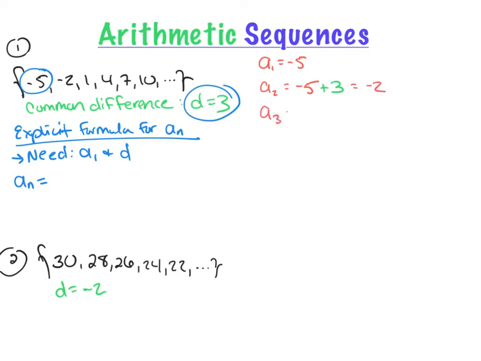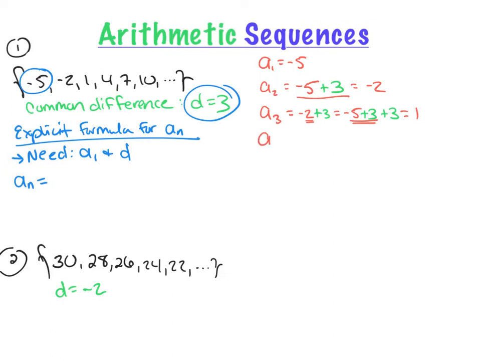Our third term, I know that we take -2 and add 3, but in order to show you where the formula comes in, I'm going to write it like this. -2 came from -5 plus 3. But we had to add on another plus 3 to get to 1. So the -5 plus 3 came from our -2.